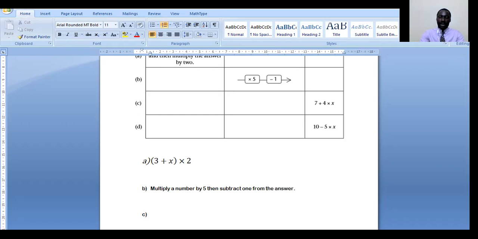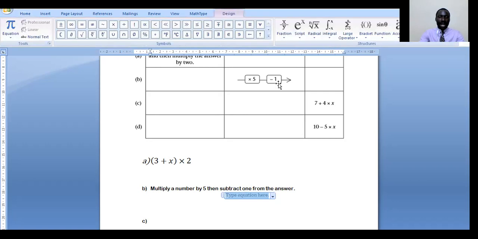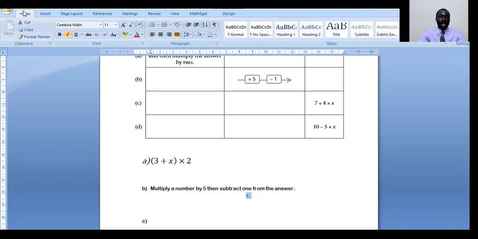What this means is that multiplying any number by 5 means, if we think of a number like x, now this number that we have got, which is x, we have to multiply it by 5.